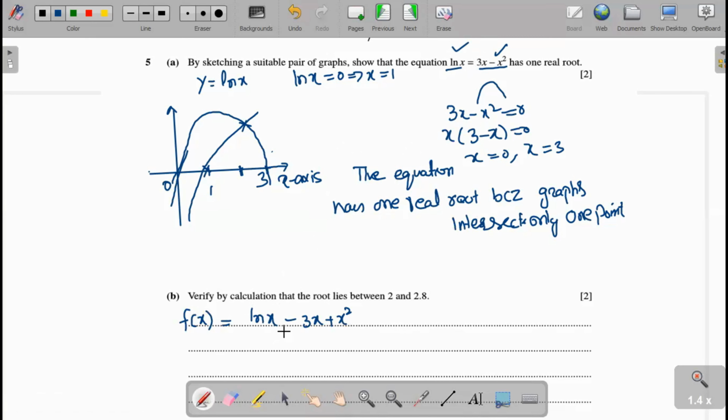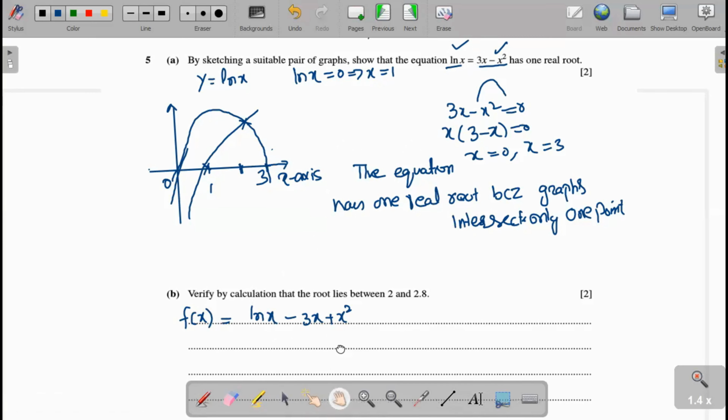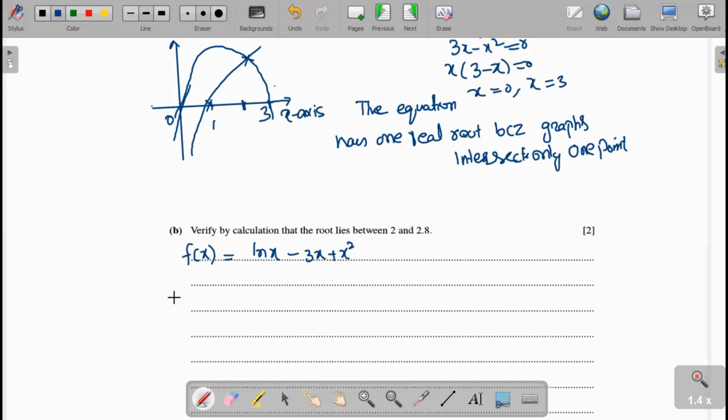And after this, we put the values in this equation. Firstly, we put f of 2 in the equation and then f of 2.8. We put here ln 2 minus 3 into 2 plus 2 squared. We get ln 2 minus 6 plus 4.